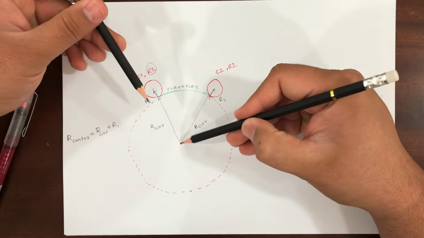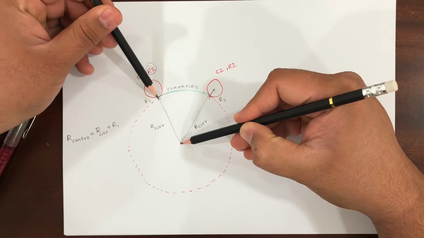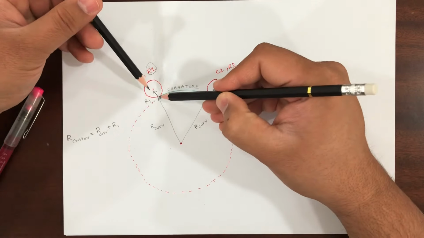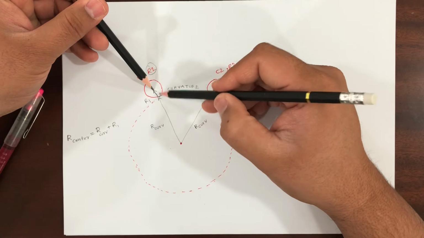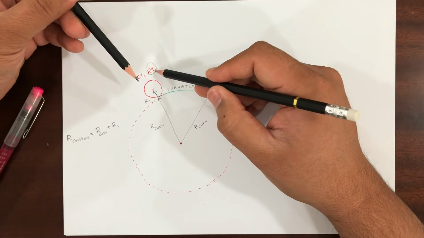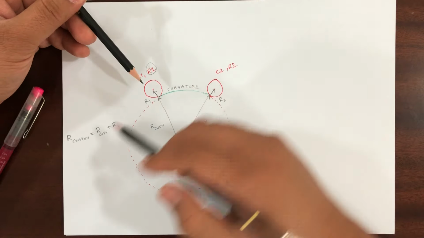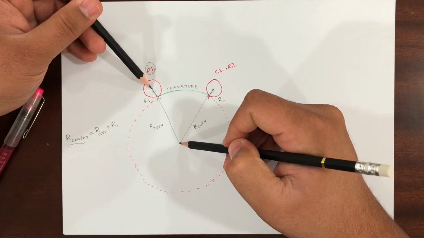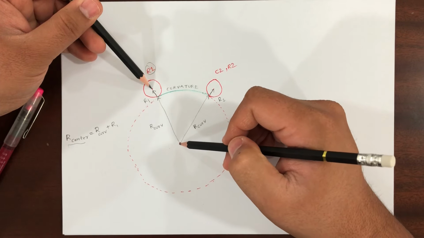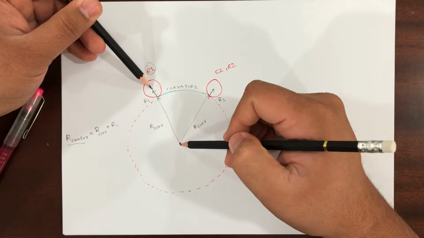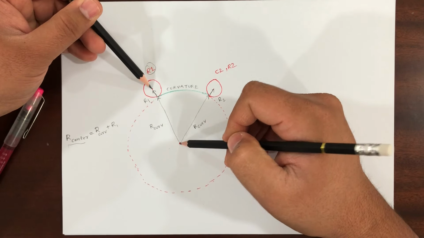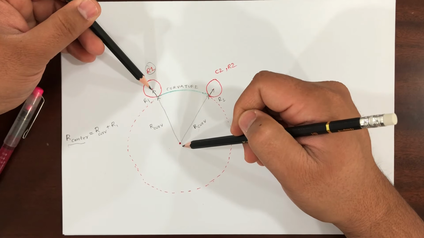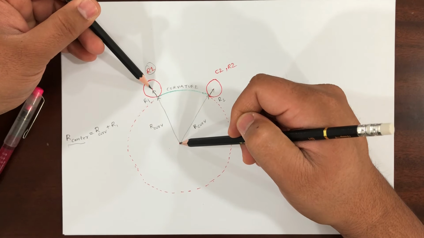From here to here it is R curvature, and from here to here it is R1, radius 1, as discussed before. So if you want R center, the distance between these two centers, we have to add this plus this. If you add these two, you will get the distance between the centers.